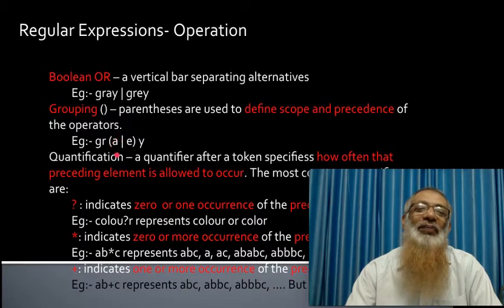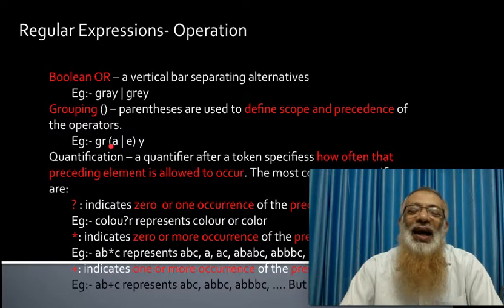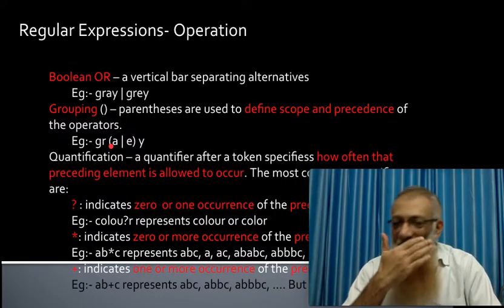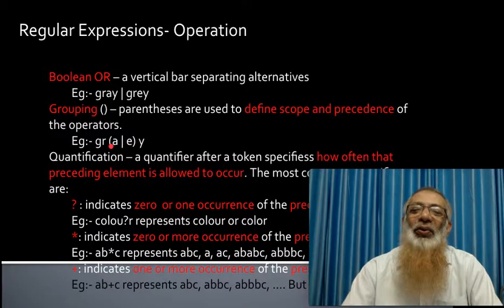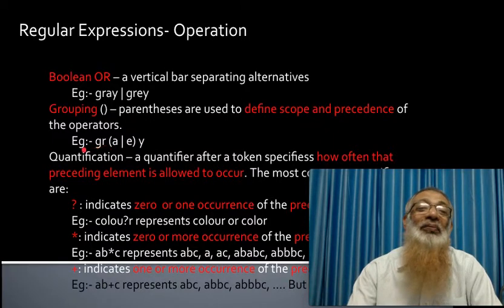Whatever is given in parenthesis will gain higher precedence, and it also helps to define the scope of the operands to be applied for an operator. See here, gr(a|e)y. Here we mean that after gr we have two alternatives. After gr it can be either a or e followed by y. This is the pattern to be matched.